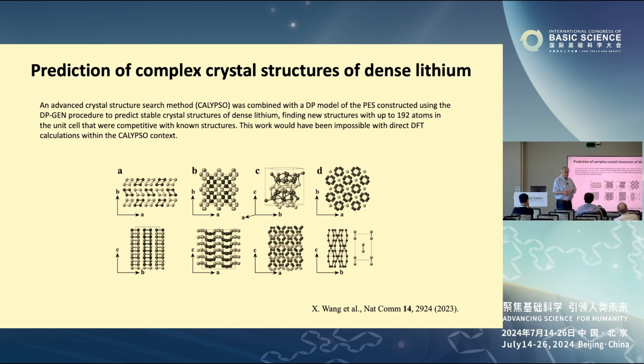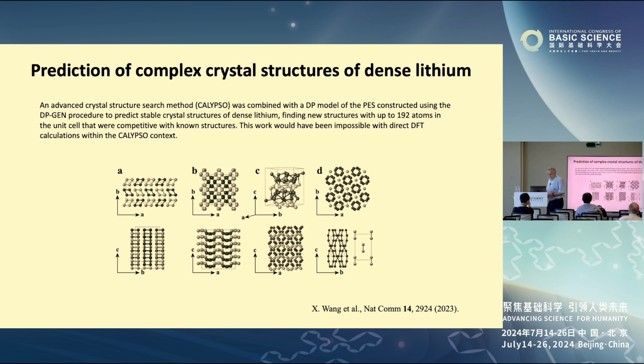If one uses this Calypso procedure with direct DFT calculation, one can do at most a structure with 20 atoms. But they were able here to consider structures with up to about 200 atoms because of the advantage that they had via the DPGen procedure and the deep potential method.